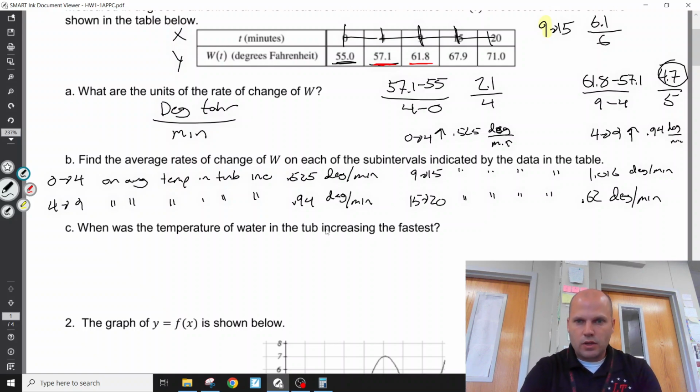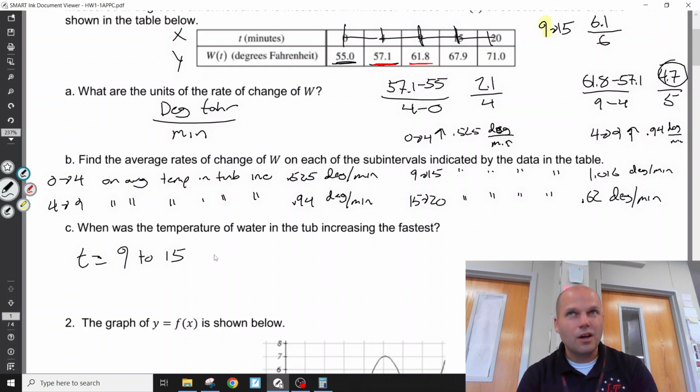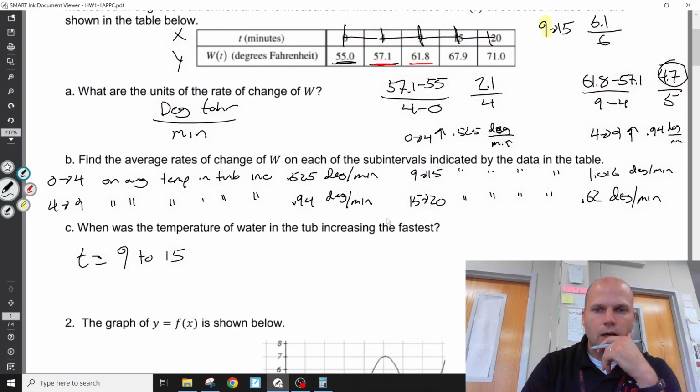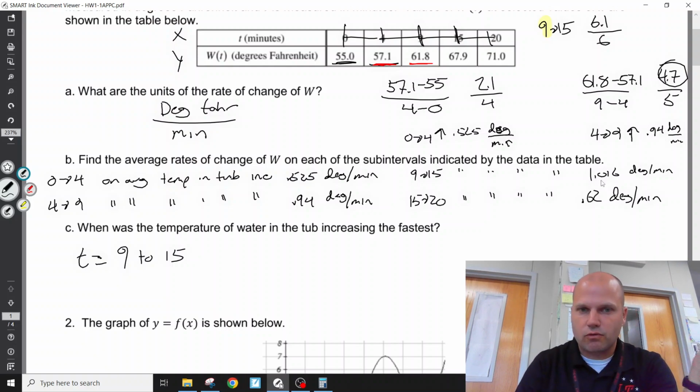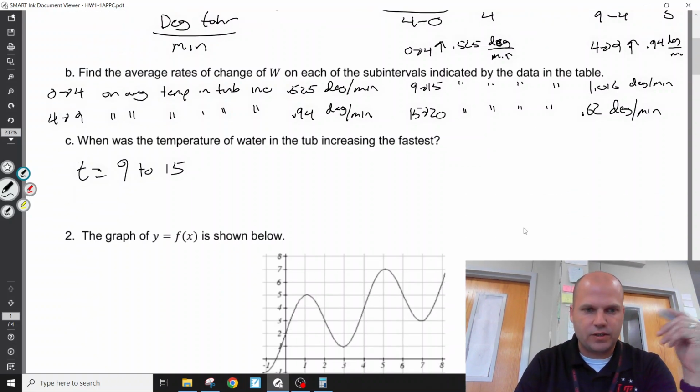And we could see that from 9 to 15, we would speculate the temperature in the water is increasing the fastest. This is the greatest rate of change comparing all of the rates of change.